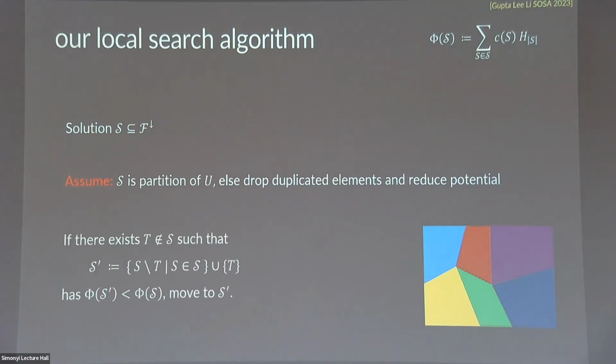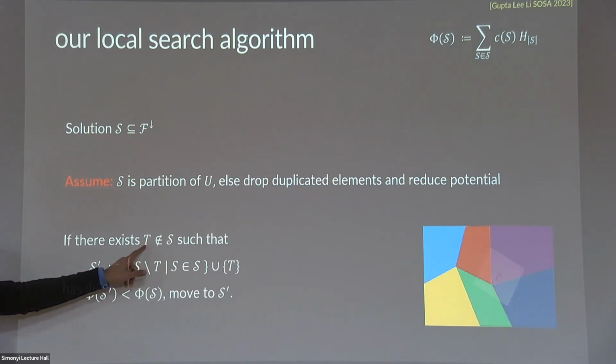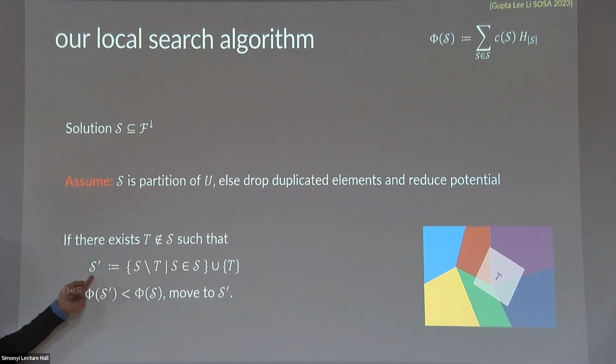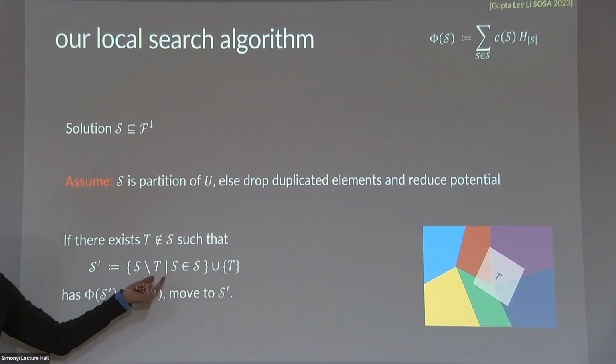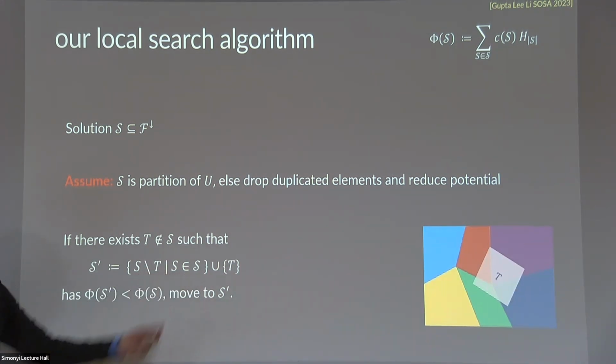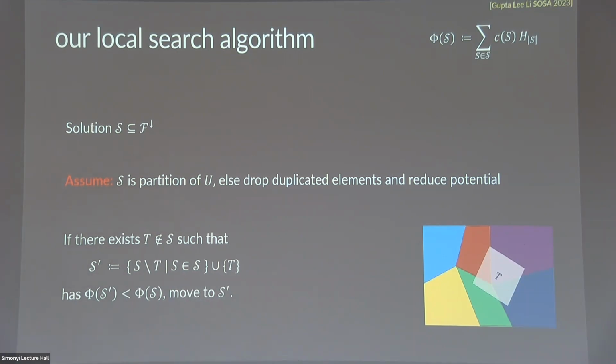And now all I'm going to do is, if there exists a new set T, which is not in my solution, such that when this T is added in, it captures all the elements from all the other sets, this new solution, if it has smaller potential than my original potential, move to this. The obvious thing.